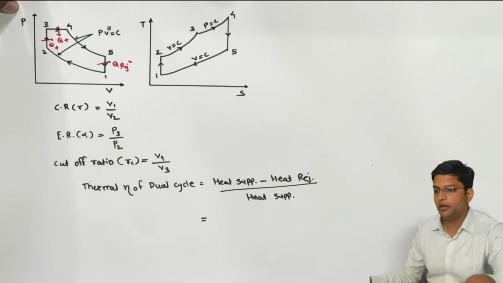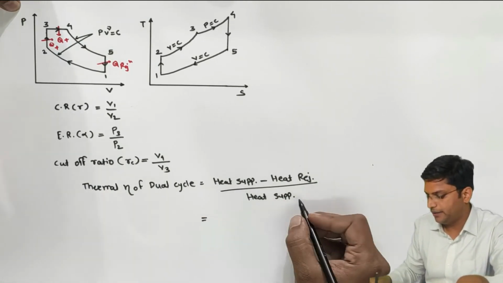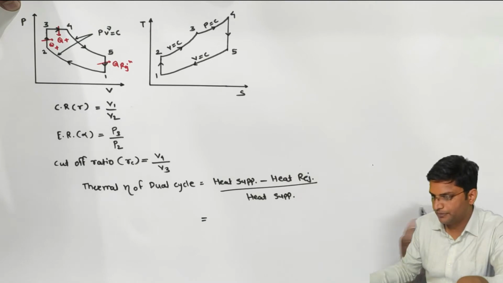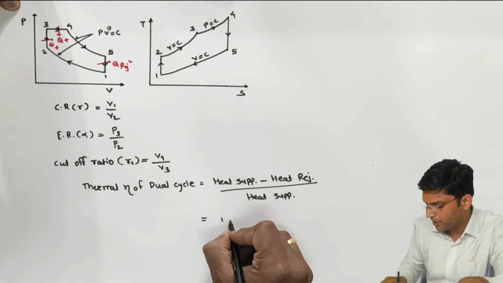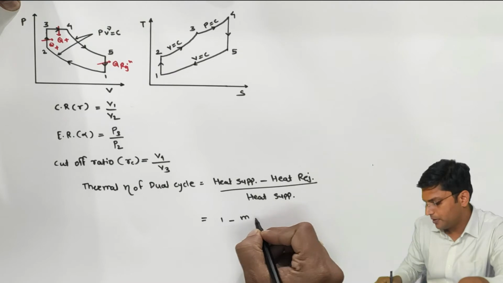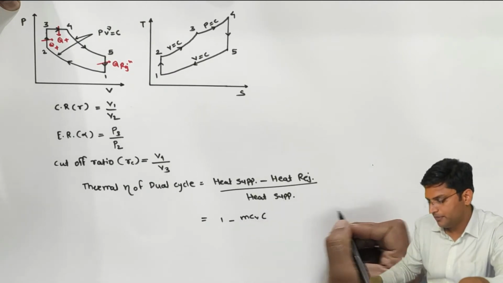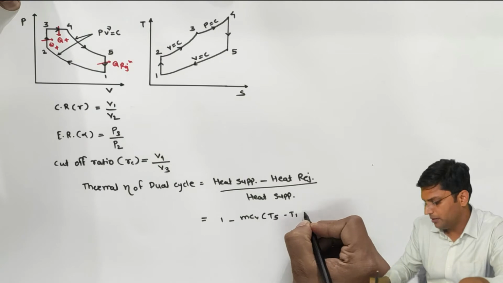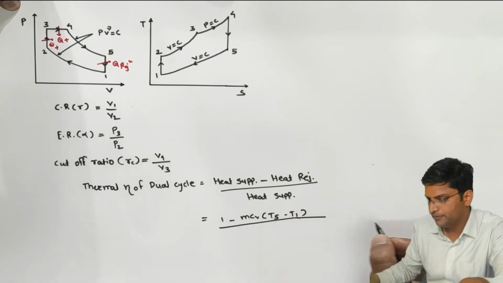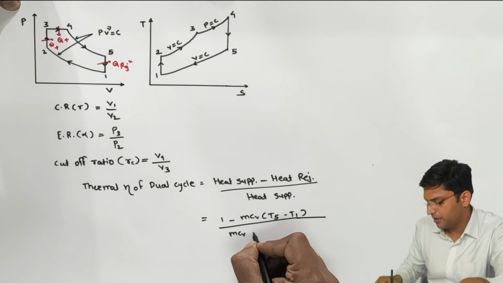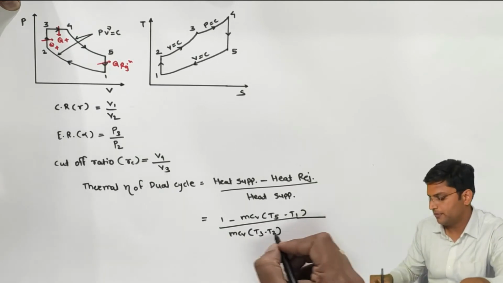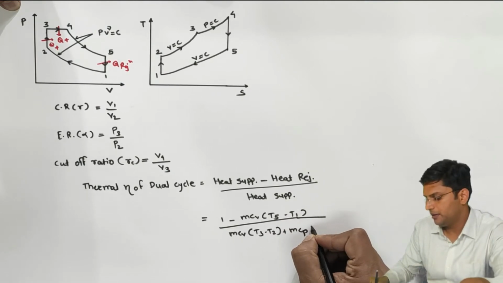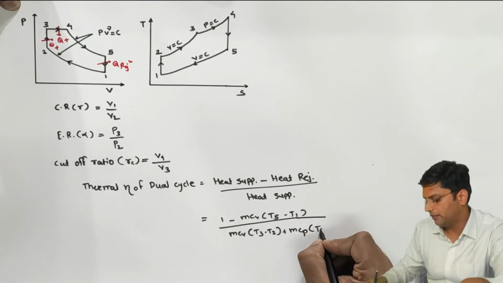So Q is equal to mCv delta T for heat supplied, so the equation becomes mCv (T5 minus T1) over mCv (T3 minus T2) and mCp (T4 minus T3).